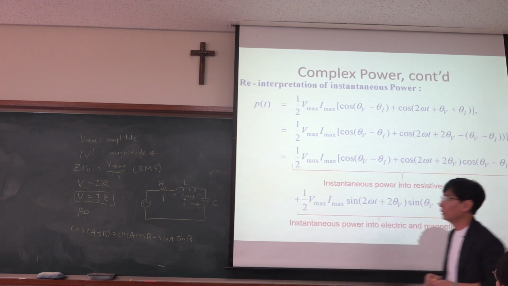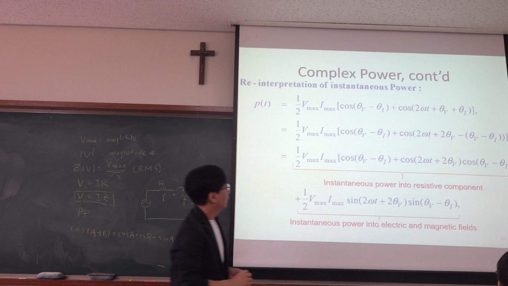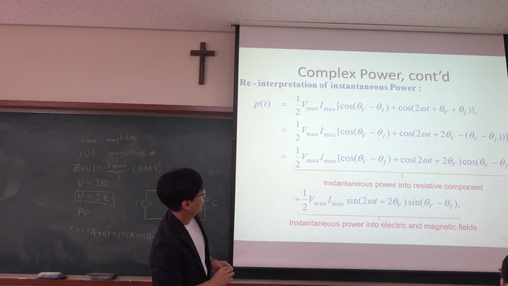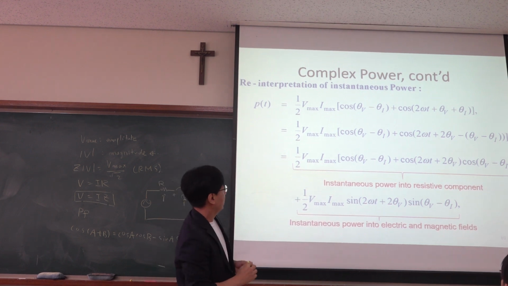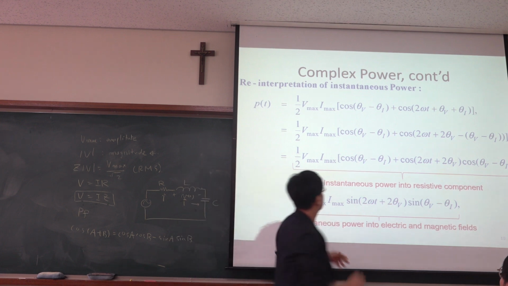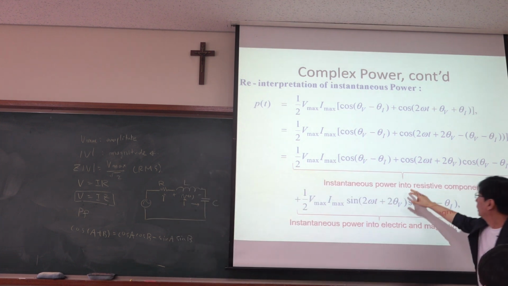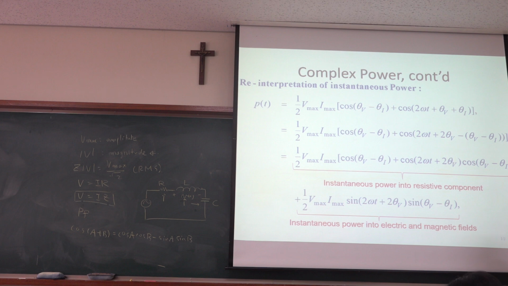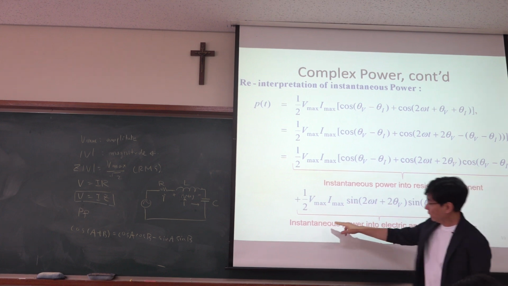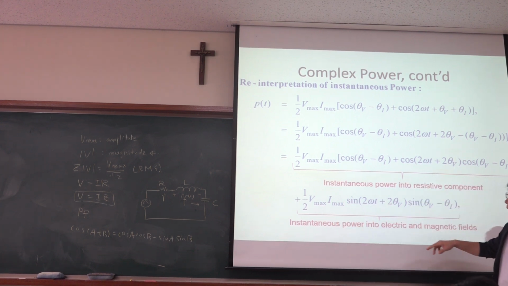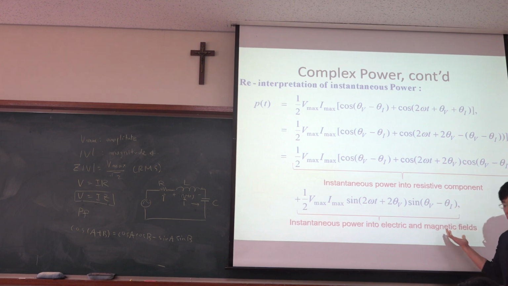You see that? And why do we want to do this? The reason is because this part is the instantaneous power into resistive components, and this part is the instantaneous power into a reactance component over here, the electric and magnetic field component.